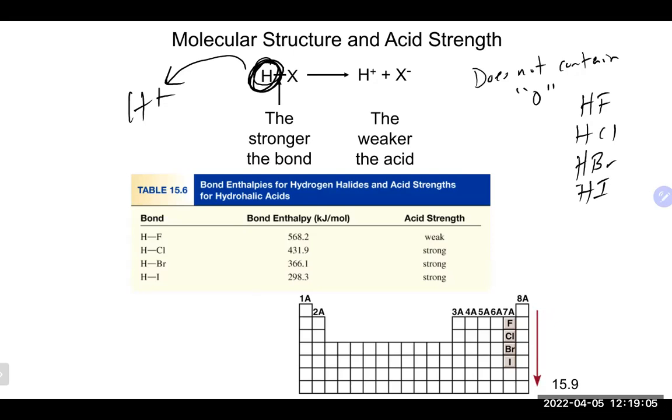Maybe you remember bond enthalpy when you talked about bonding, and you had to add up all the bonds you broke and all the bonds you made, and subtract the difference, and it gives you the delta H for that reaction based on bond energy. What we do see is that the bond enthalpy of the HF bond is 568 versus HI, which is about 298. So bond strength increases as you go up in that group.